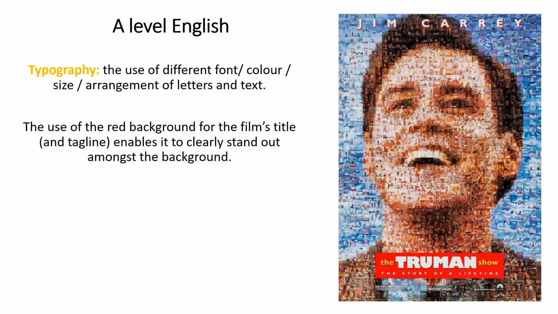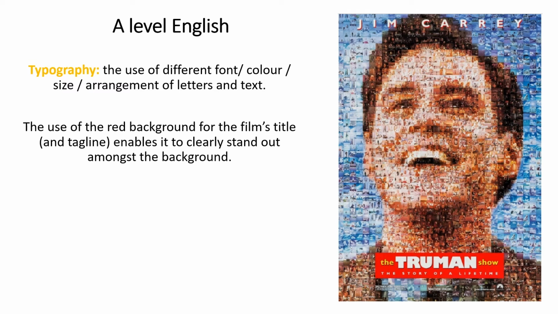But the design of the poster wanted the title to stand out, of course, so otherwise people wouldn't know what film they're going to go and watch, and they do so by putting the text beneath this red blocked background, which really does stand out. Having a look then at the text, Truman and Jim Carrey, it's interesting to notice that there is some sort of link there between the colour of the text.